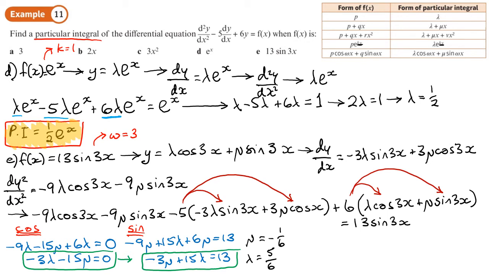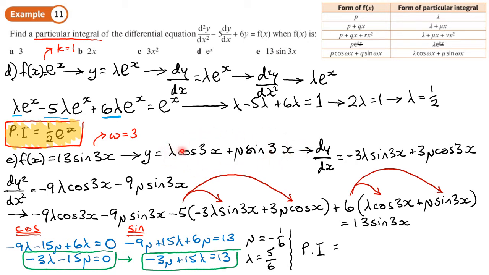So now I'm ready to write down what the form of the particular integral is. Now I've worked out mu and lambda, and they just get replaced into the form here.